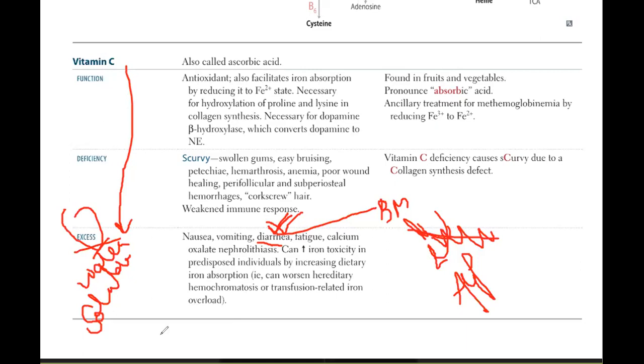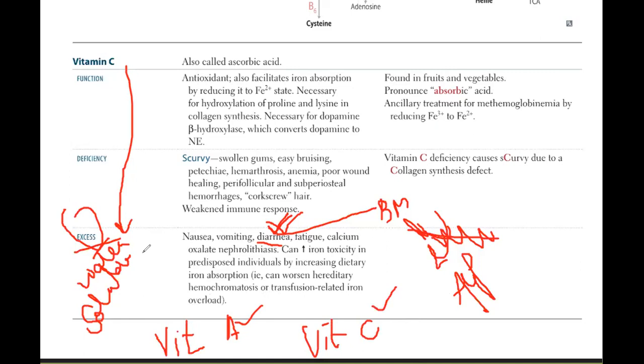Now, one more thing you need to remember, we studied vitamin A and we studied vitamin C. In both of them, we studied excess. Okay, but in vitamin B complexes, we have not studied excess. So remember that point. We have studied excess in one vitamin.